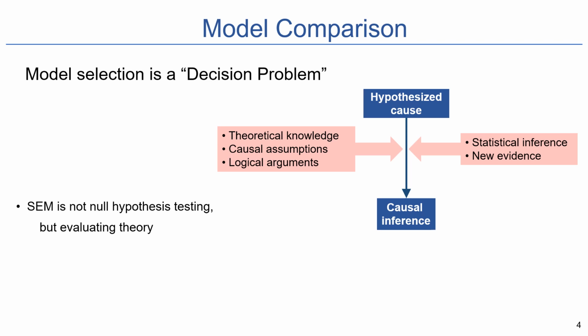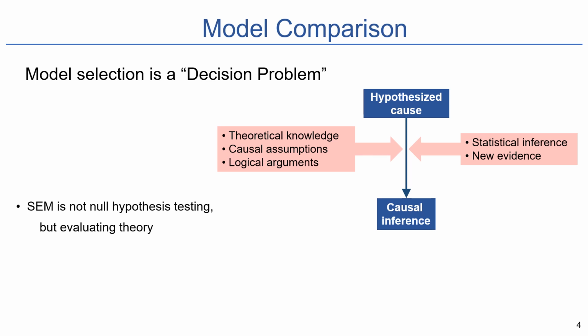But before we dive into this test, it is important to understand that the model selection procedure in SEM is not strictly based on statistical inference, but also on the beliefs of the researcher, on the knowledge of the researcher about the study system. So SEM is not null hypothesis testing, but also a way to evaluate the theory with which we started.